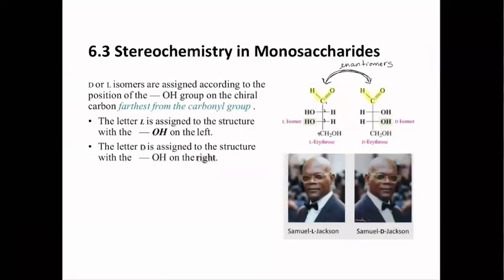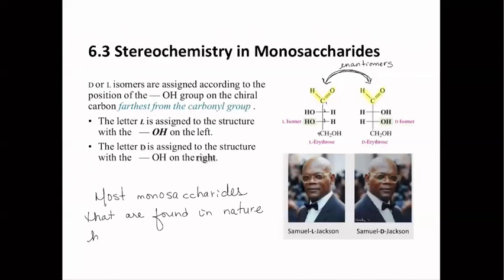One more thing that I want to mention, and I'm going to write it down here. Most monosaccharides that are found in nature have a D designation.